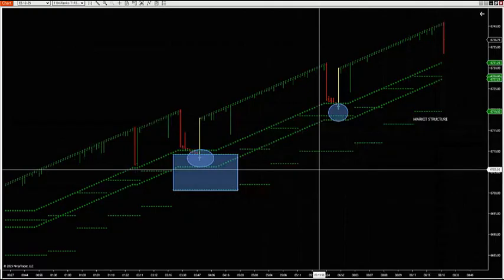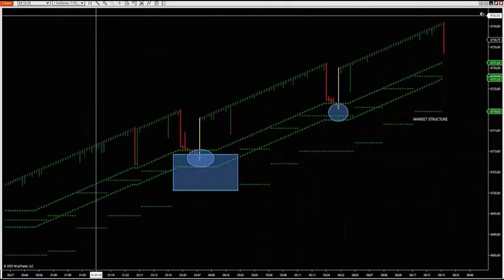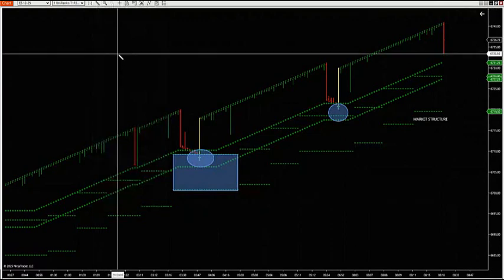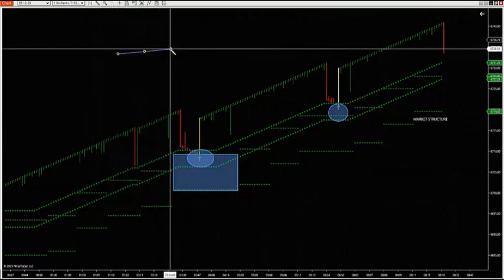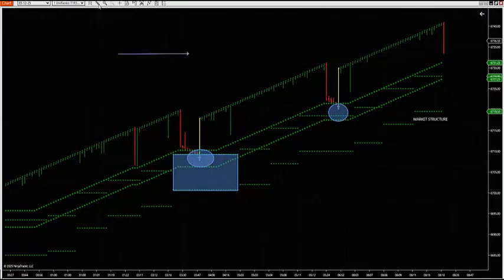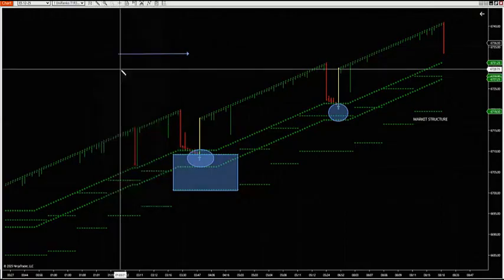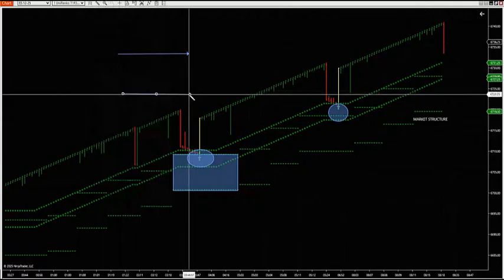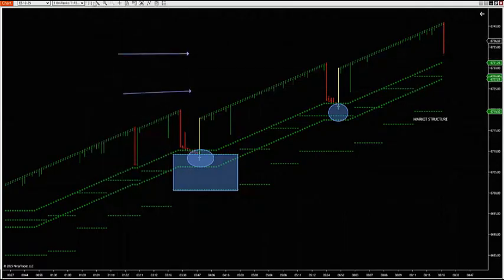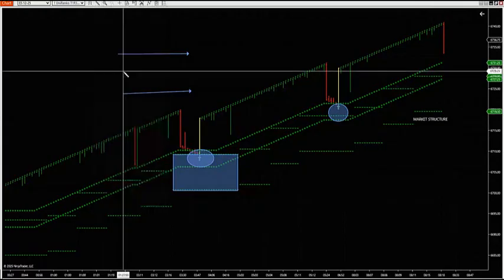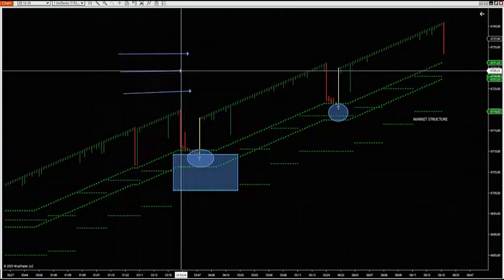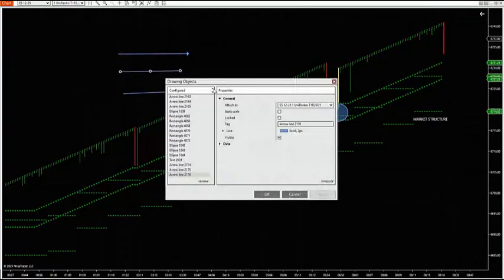But what also is very important to understand is, where is the market? Is it balanced or imbalanced? When you have market profile and you have a high and a low, this is the bell curve. Here you have the control point somewhere in between.